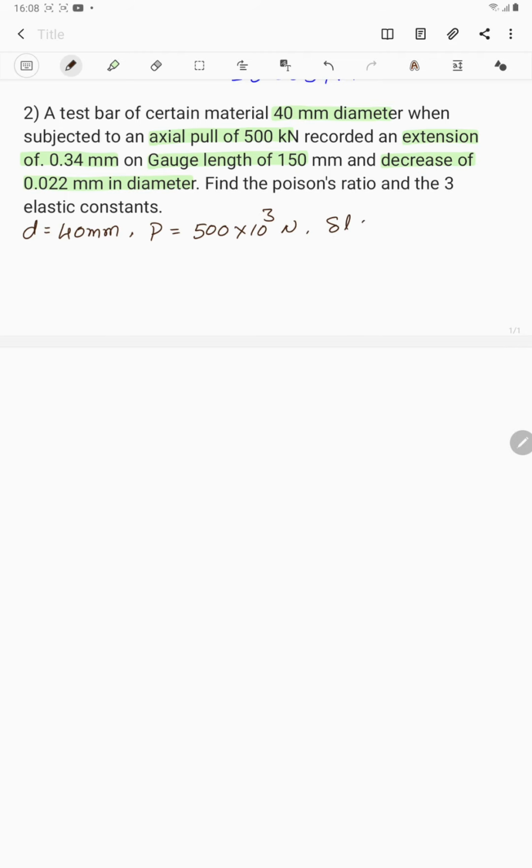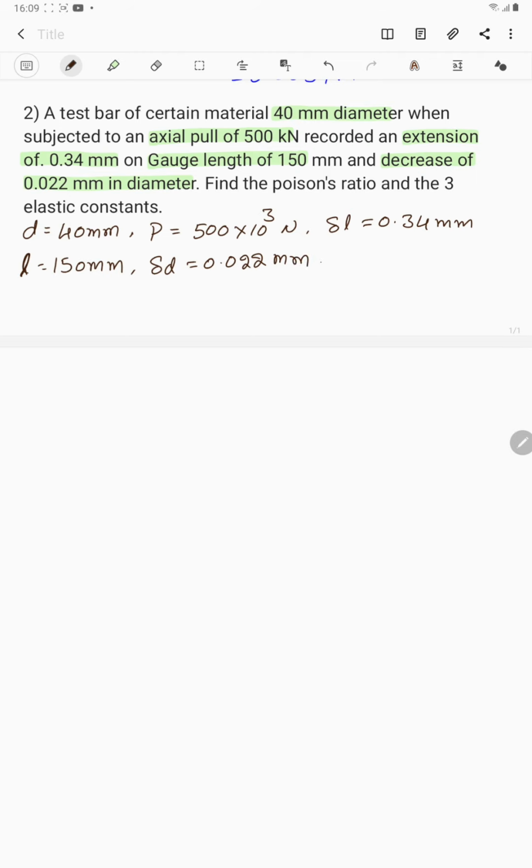Change in length delta L equal to 0.34 mm. For a gauge length means original length, L, 150 mm. On decrease of diameter, change in diameter 0.022 mm.